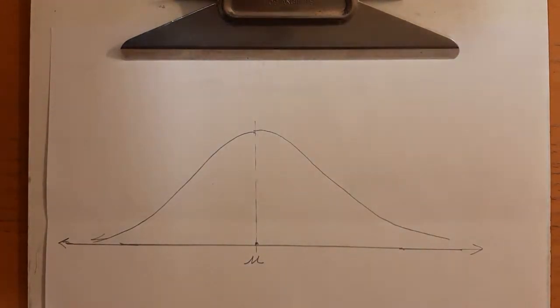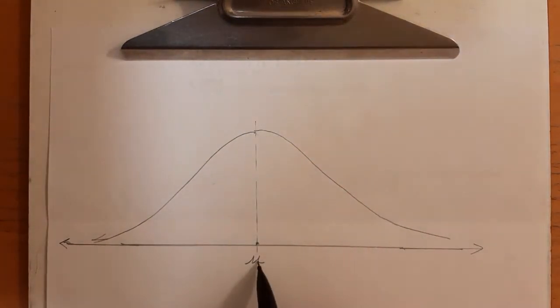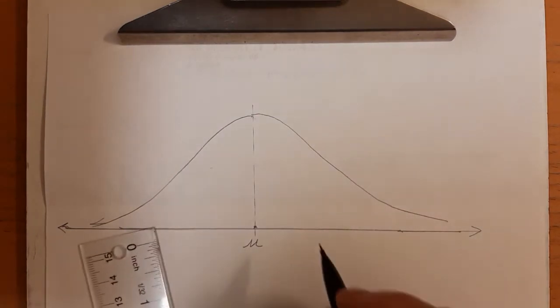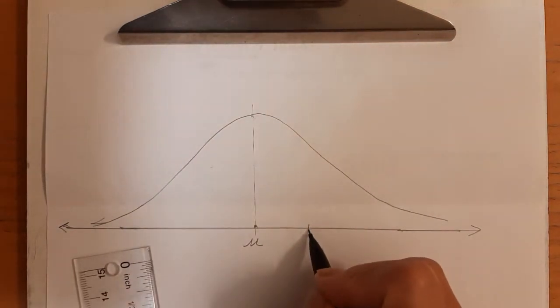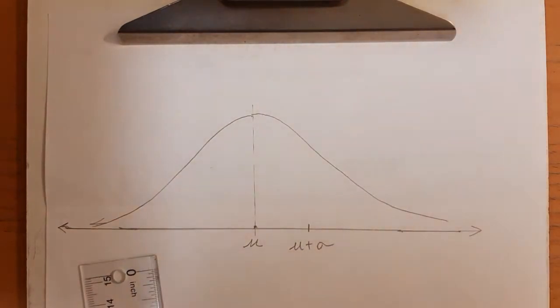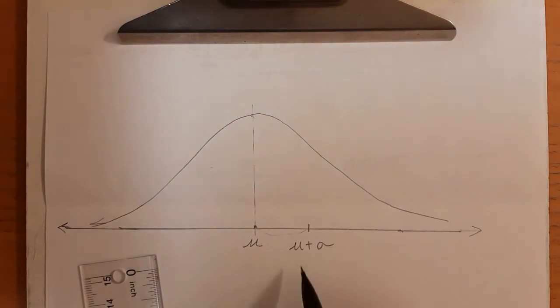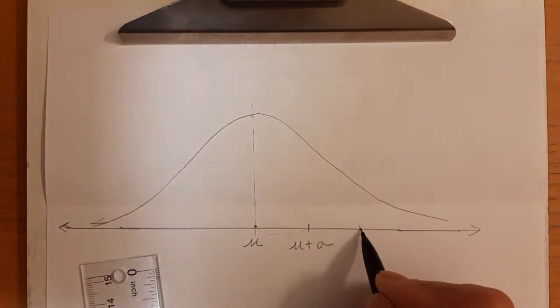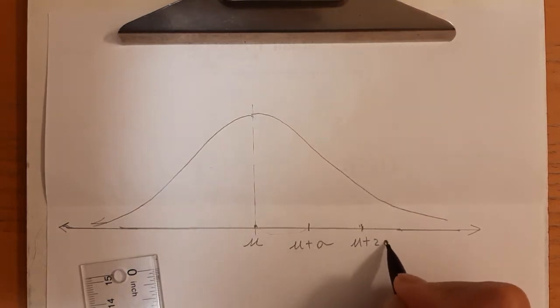Symmetric to the center. In the center is the mean. For the population mean we use mu to represent it. And the standard deviation we use sigma to represent. To the right, one standard deviation is the mean add sigma. Mean add 2 sigma.